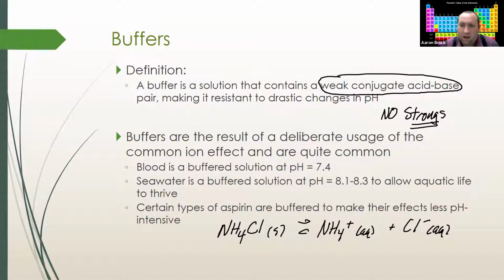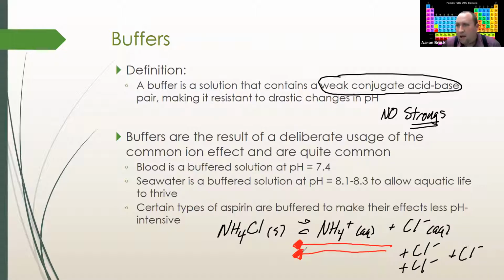However, if I add additional chloride ions to the solution, say by making the solution in sodium chloride instead of pure water, Le Chatelier's principle tells me that the extra chloride is going to force the equilibrium to the left toward the reactant, which means my ammonium chloride is going to be less soluble in sodium chloride than it was in pure water.